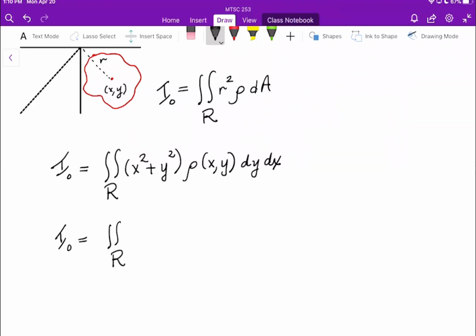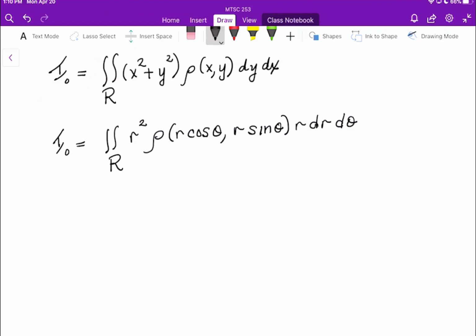We already had r squared. We have to write rho as r cosine theta, r sine theta, and dy dx then becomes r dr d theta. Okay, so that is the polar moment of inertia.